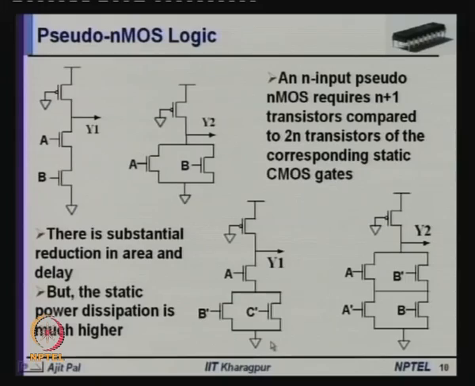Now, we find that in any gate the total number of transistors is equal to 2n. If n is the number of inputs, you will require 2n transistors, considering both PMOS and NMOS transistors.